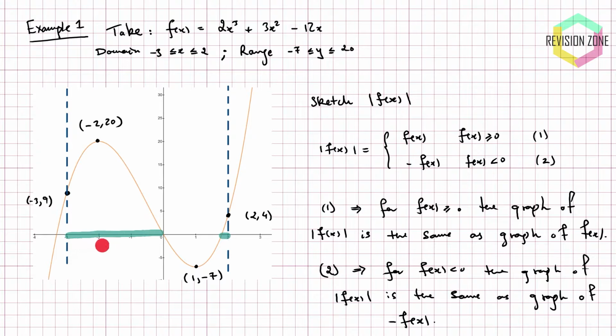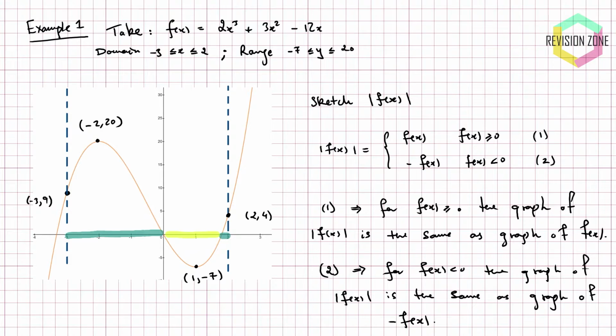As you can see, I've already marked the x values for which the graph of my function is above the x-axis. That guarantees the y values here are positive, so I'm in the first case, and I leave this part completely alone. I've got to do something to this part here because the y values for that are entirely negative.